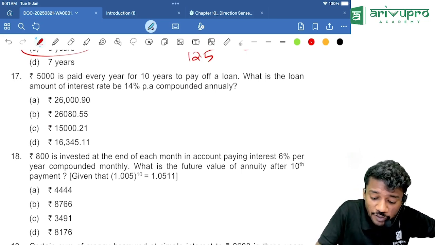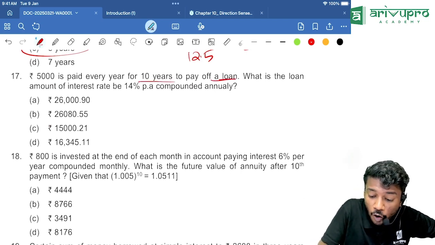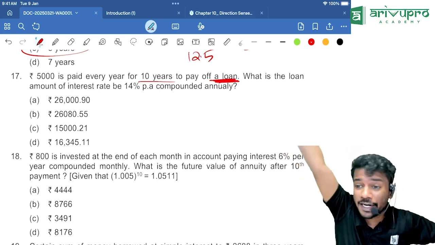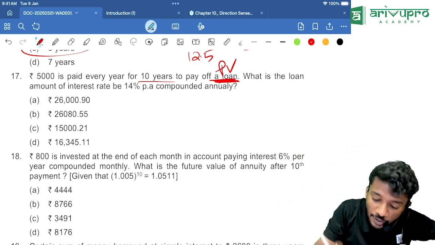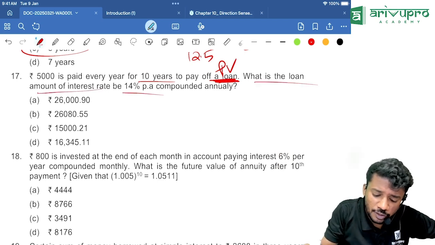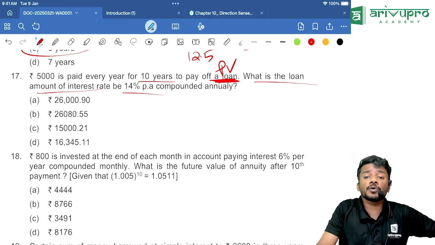5,000 is paid every year for 10 years to repay a loan. Whenever we see loan or borrow, what will we find? Present value. The interest rate is 14% per annum compounded annually.